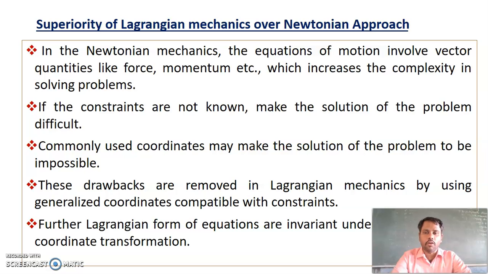Even though we commonly use some coordinates, obtaining the solution to the problem will be impossible in the Newtonian approach. These drawbacks of the Newtonian approach are overcome by Lagrangian mechanics by using generalized coordinates which are compatible with constraints.